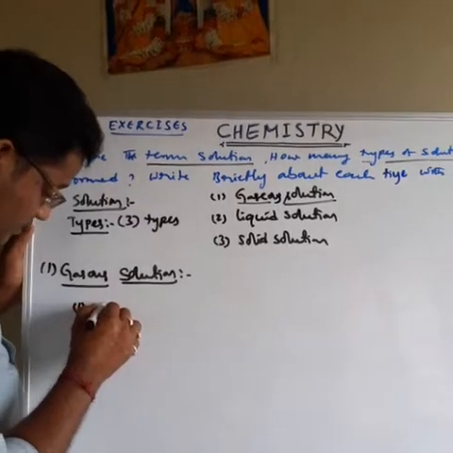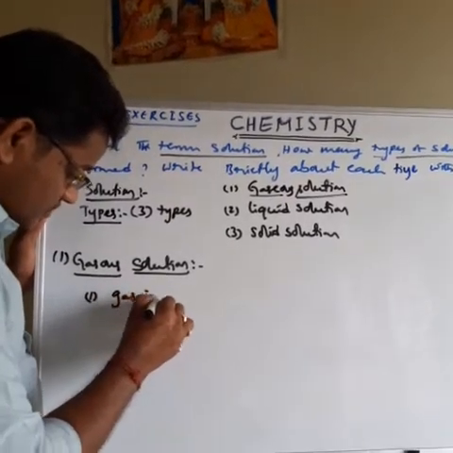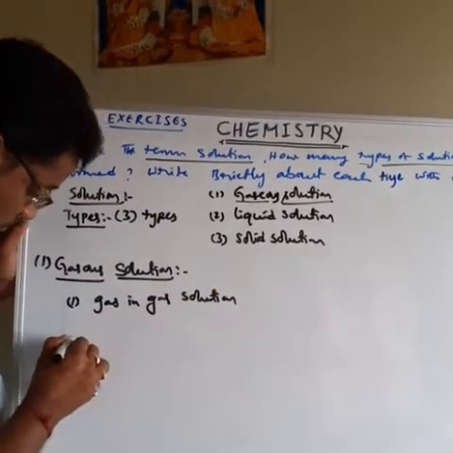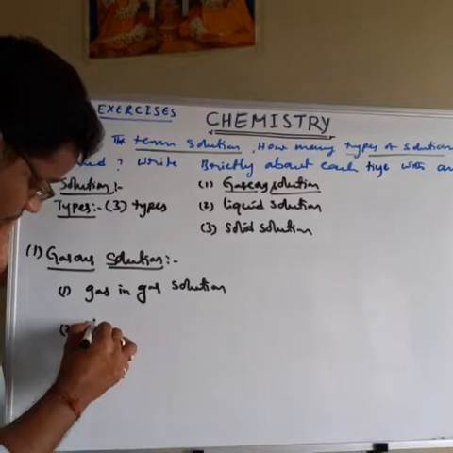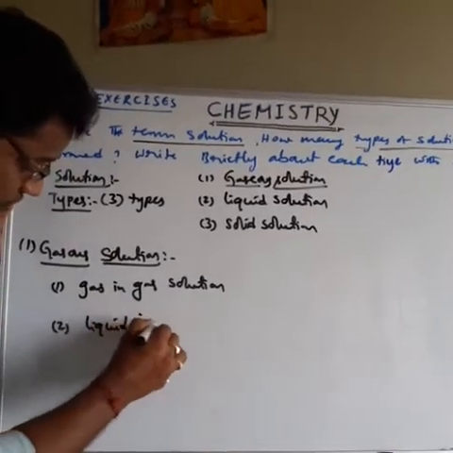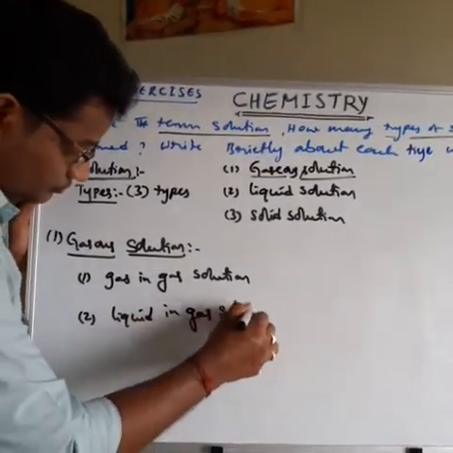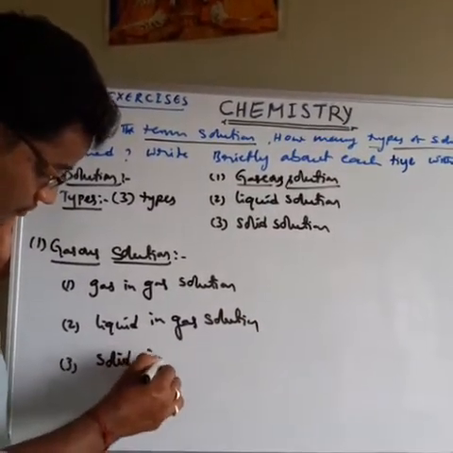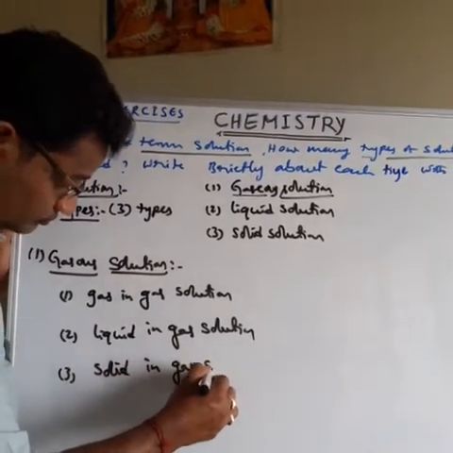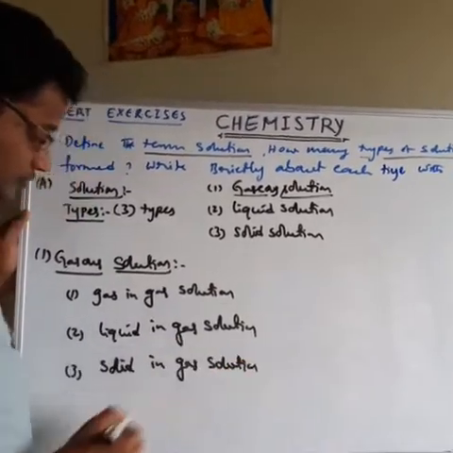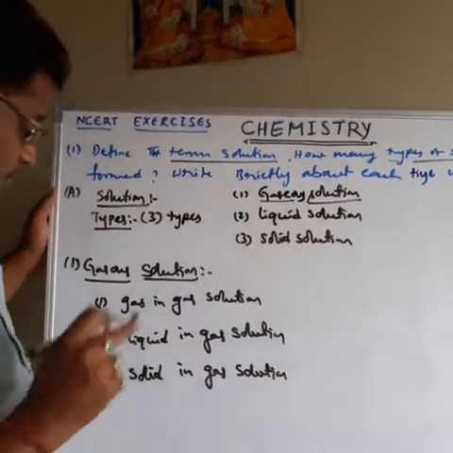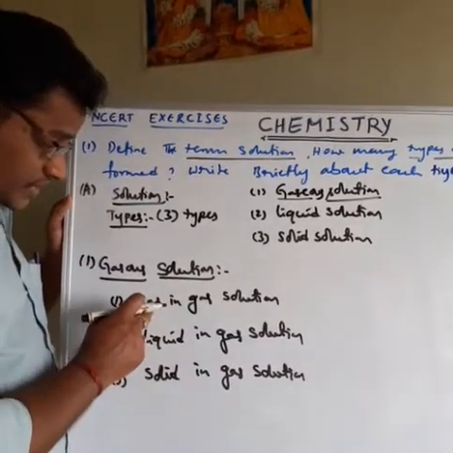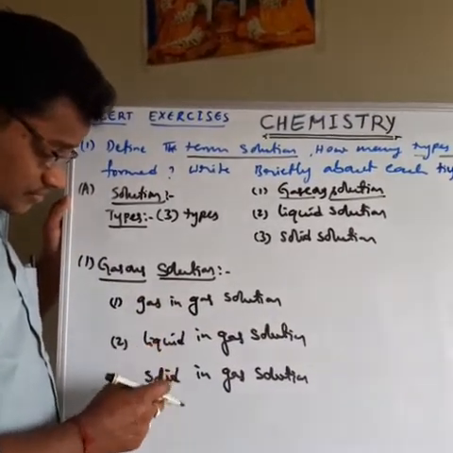Type 1 is gas in gas solution, next is liquid in gas solution, and third is solid in gas solution. So based on the physical state of the solute, gaseous solutions are classified into three types: gas in gas, liquid in gas, and solid in gas.